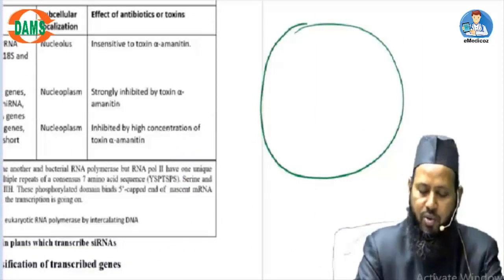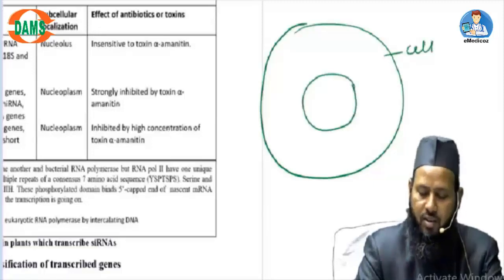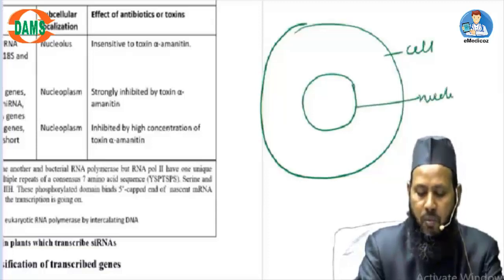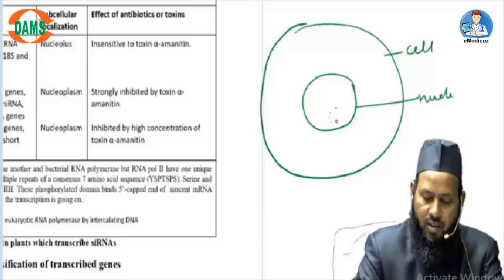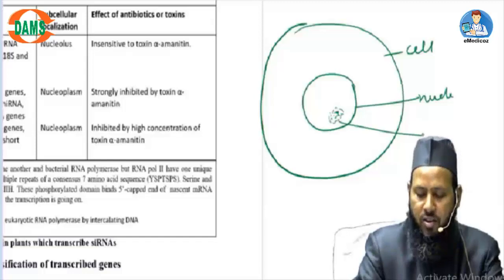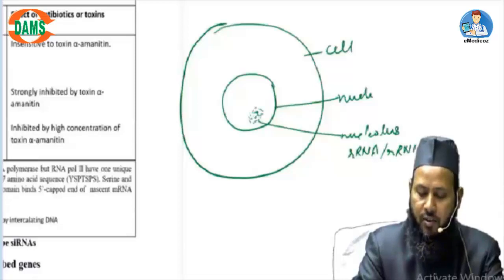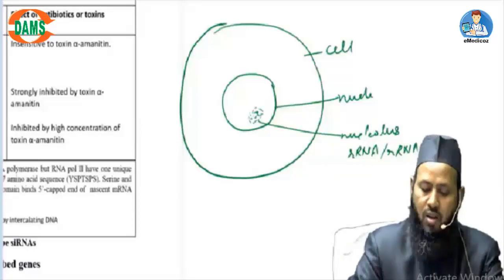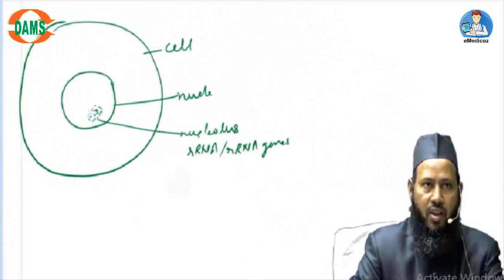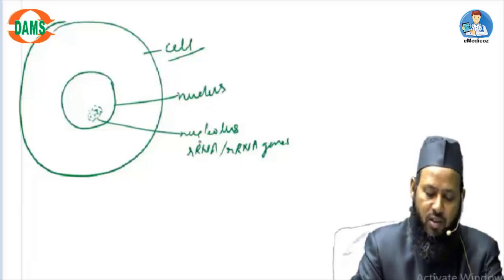this is the nucleus. Okay, let's suppose this is the cell, and inside the cell this is the nucleus, and here inside the nucleus there is a part that is called, let's suppose, nucleolus. So the ribosomal RNA and ribosomal RNA genes will be here.